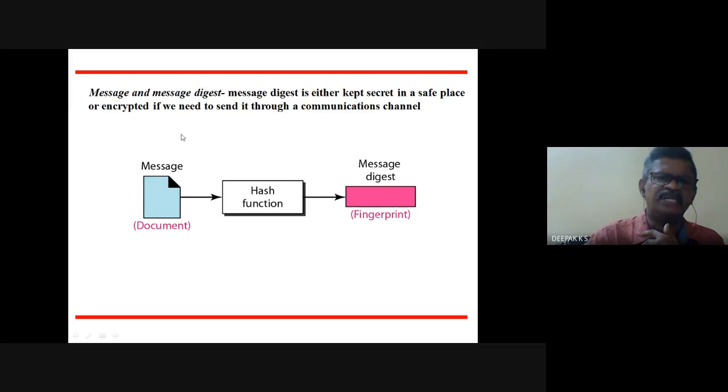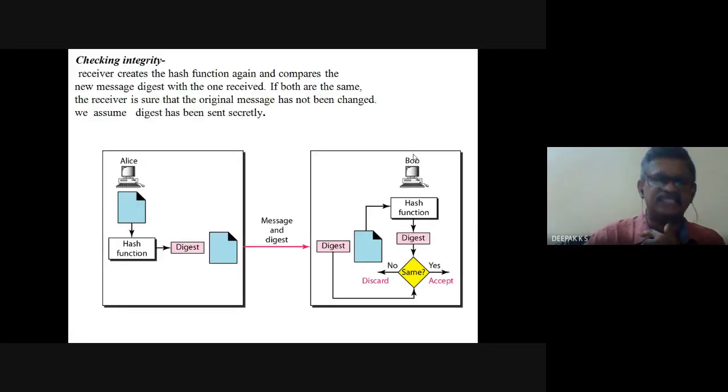So message and message digest. The message is either kept secret in a safe place or encrypted. We need to send it through a communication channel. Message and message digest both are sent. This digest is obtained by this hash function.